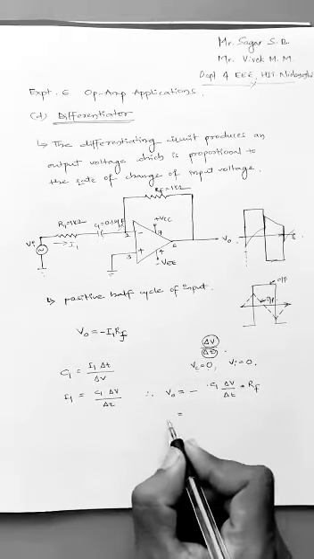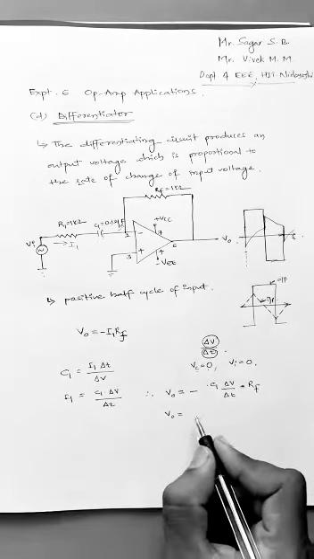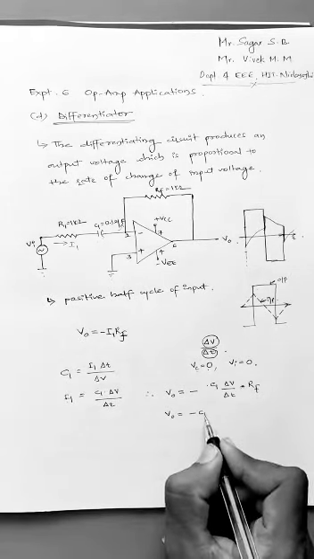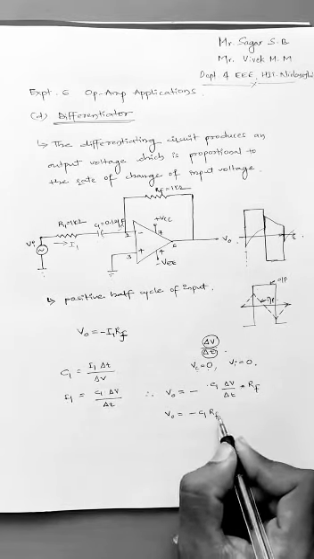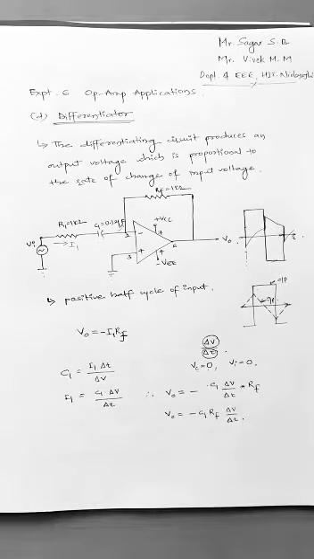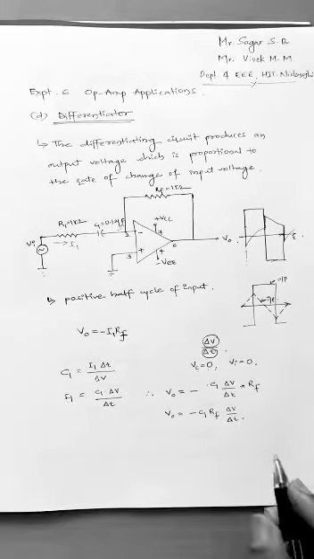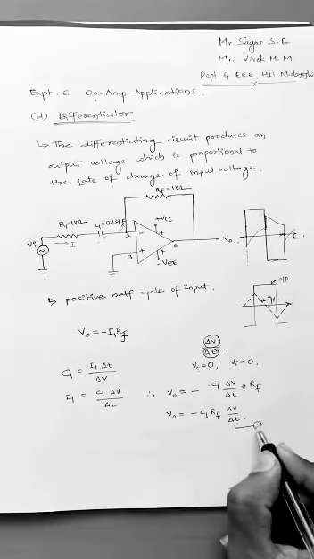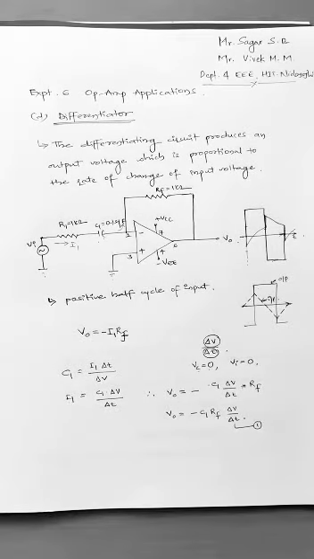So V0 can be written as minus C1 RF times del V by del T. I'll call it equation 1, and this shows that the output voltage is directly proportional to the rate of change of the input, or you can say the output is the derivative of the input.